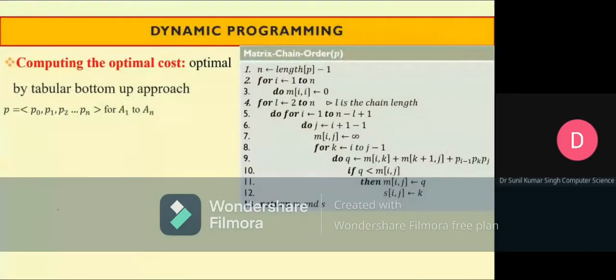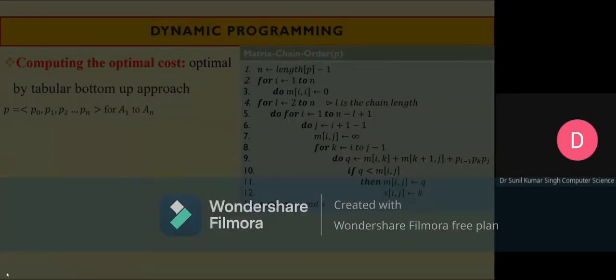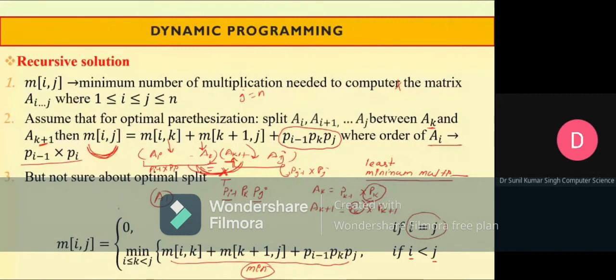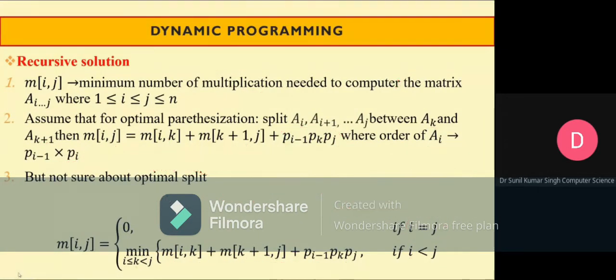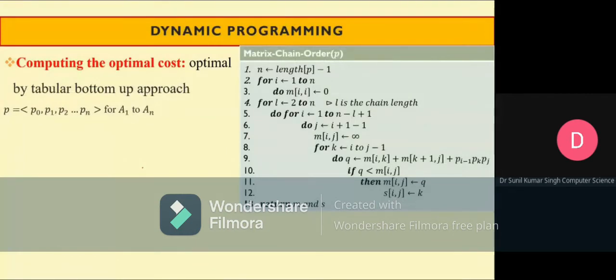I hope this step is clear. Now look at this third step to compute the values.